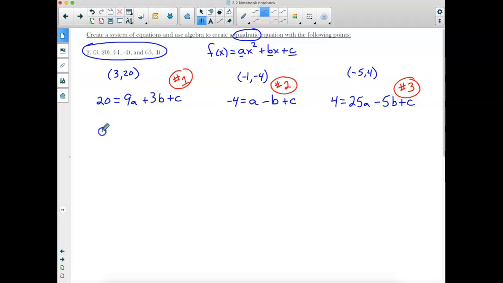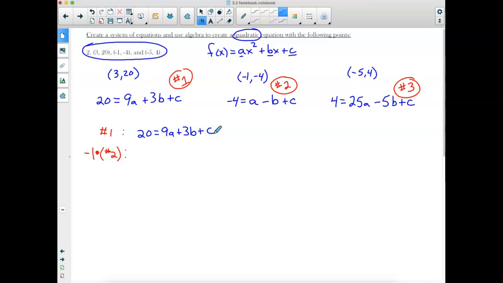I'm going to take equation number 1, and I'm going to take equation number 2 and multiply that one times negative 1. What that gives me is equation number 1, that's simply 20 equals 9a plus 3b plus c.